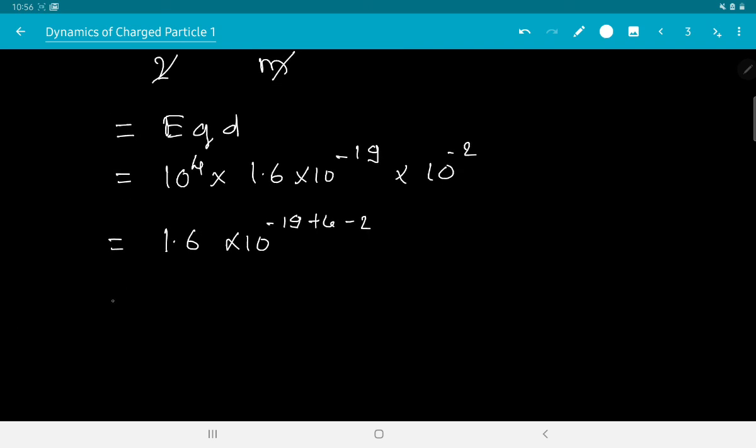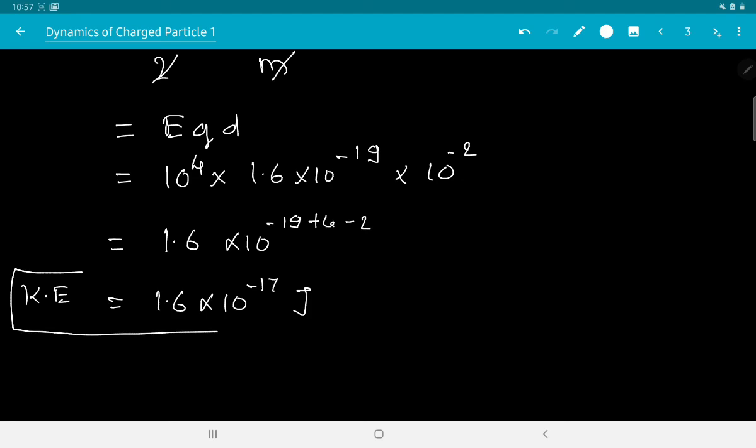What we are going to get is 1.6 into 10 raised to minus 17. This will be the energy in joules. This will be the kinetic energy of the particle when it reaches the other plate.